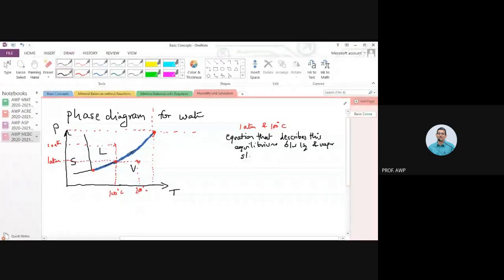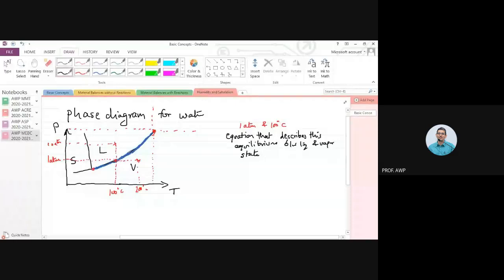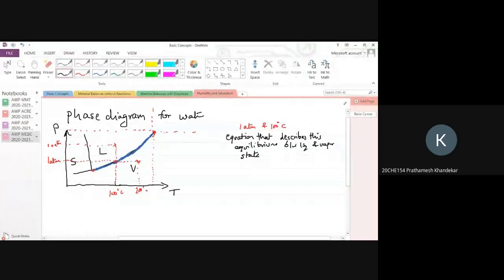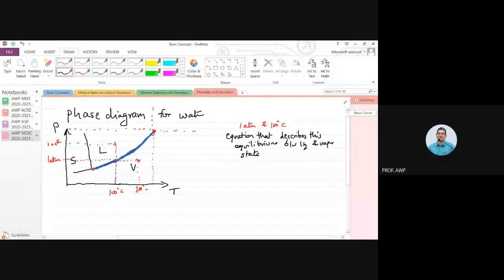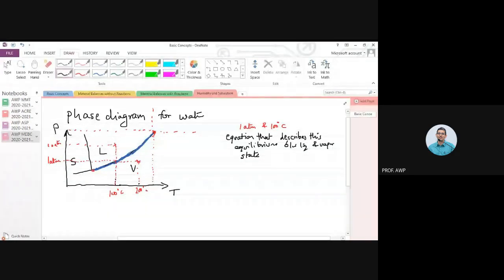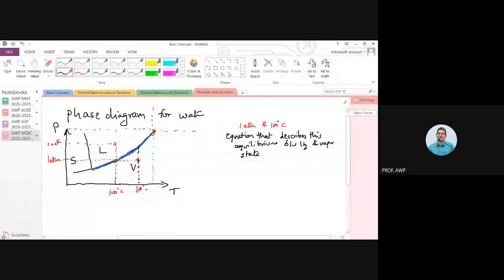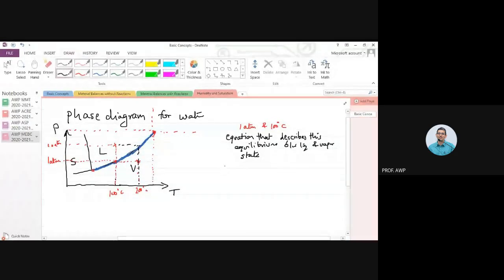Anybody knows what this equilibrium pressure corresponding to a particular temperature is called? Vapor pressure. Right. So at any temperature, the pressure corresponding to this blue line is called vapor pressure.